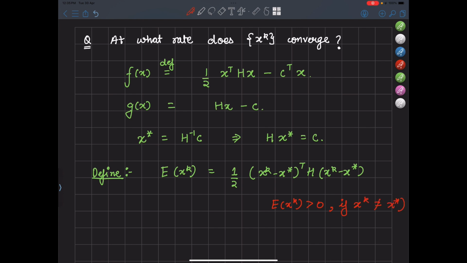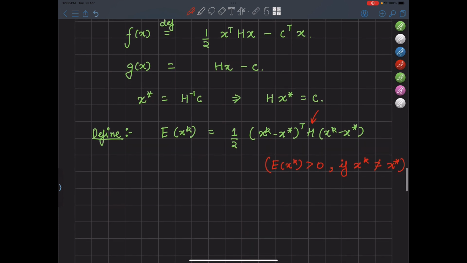For x equal to x star it is 0, but for all other values of xk it is greater than 0. Why? Because h is symmetric positive definite. Now we'll use this function. This will simplify the analysis a lot, so we'll use this function for analyzing it further.